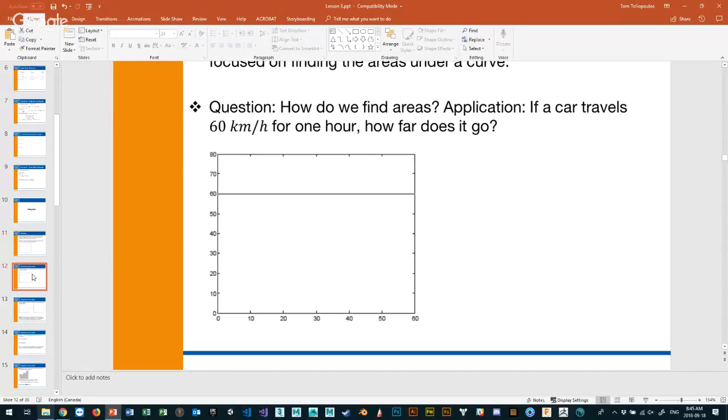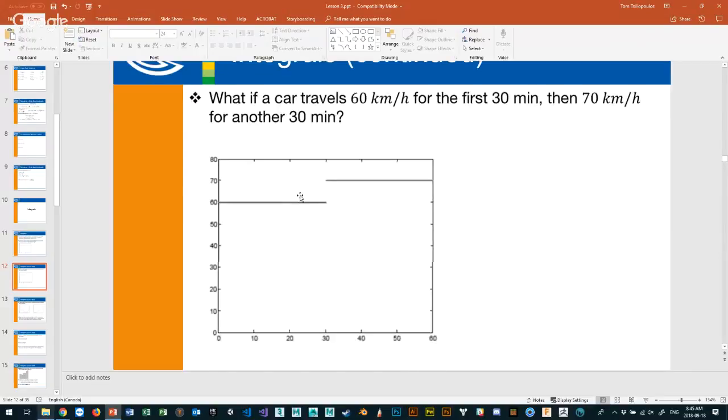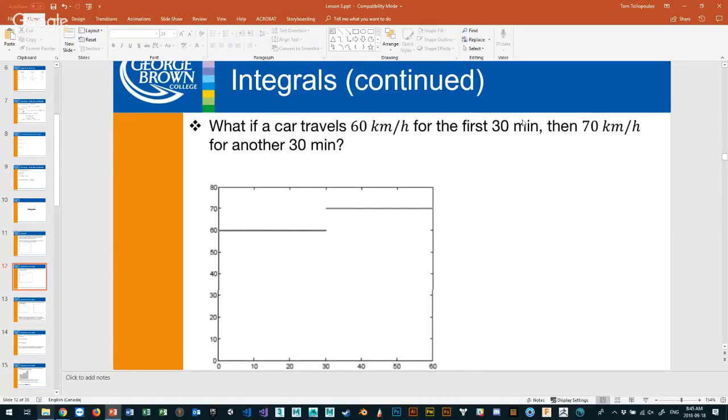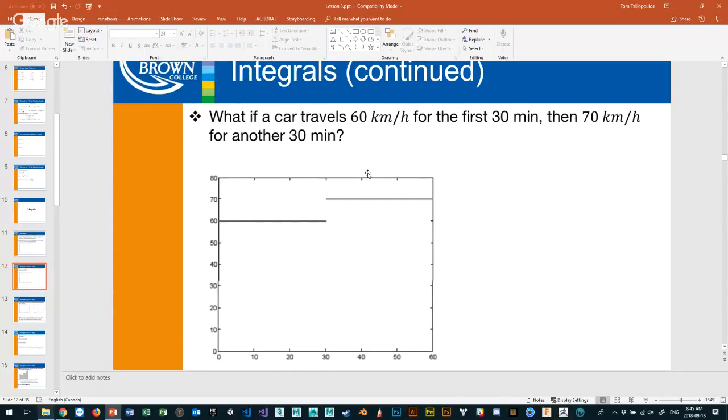Nice. But what happens when you have this situation? 60 kilometers an hour for the first 30 minutes, and then 70 kilometers an hour for another 30 minutes. How far does the car travel then? Now I have two equations, one for the first part of the trip and one for the second part. The total area under the curve is literally two rectangles.